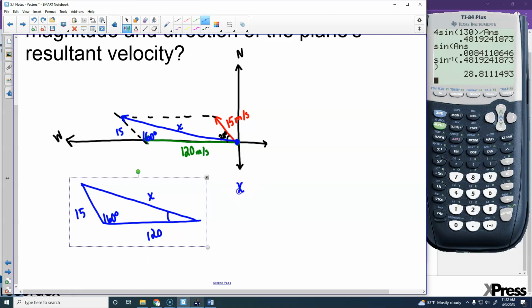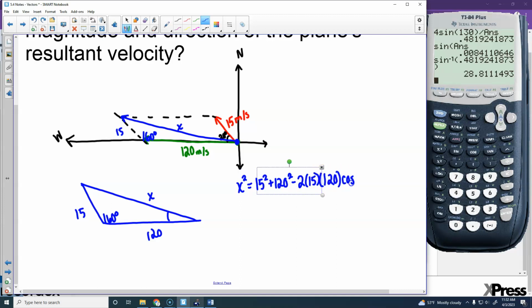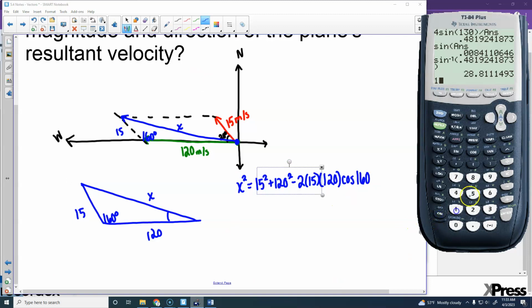So we could do X squared equals 15 squared plus 120 squared minus 2 times 15 times 120 times cosine of 160. I know I'm moving a little fast. We're about out of time.